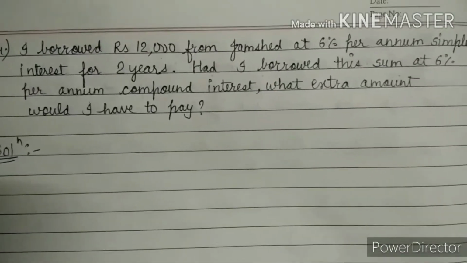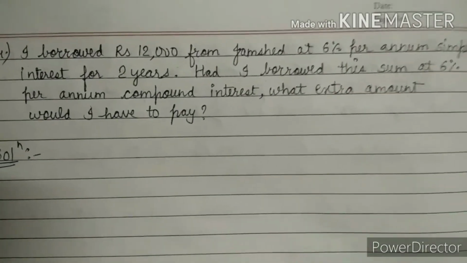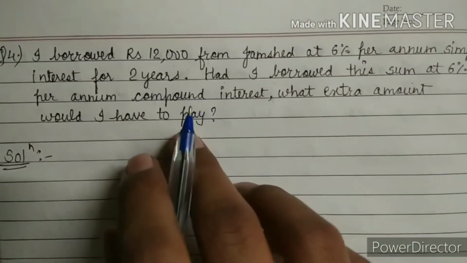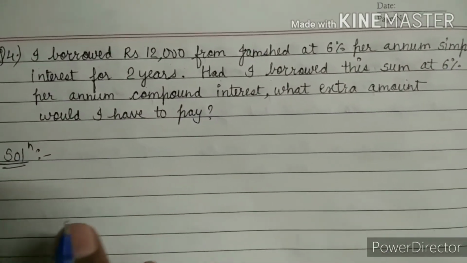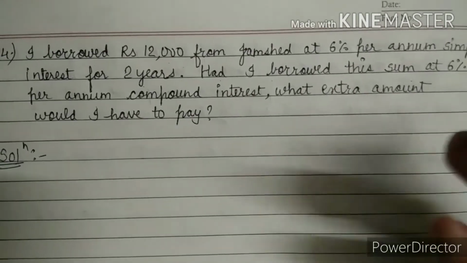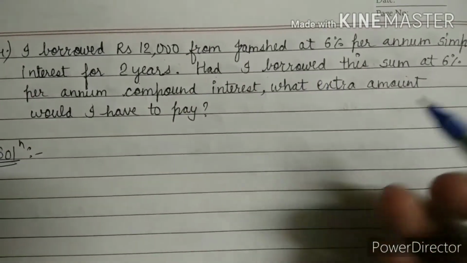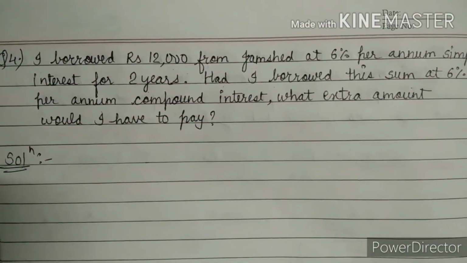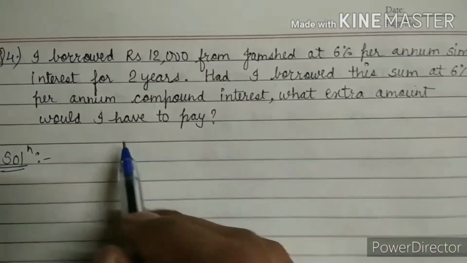So two conditions are there: same principal, same rate of interest, same time. But one time I have been borrowing the amount at simple interest, and next time the question is asking, had I borrowed the amount at compound interest, what extra amount would I have to pay?